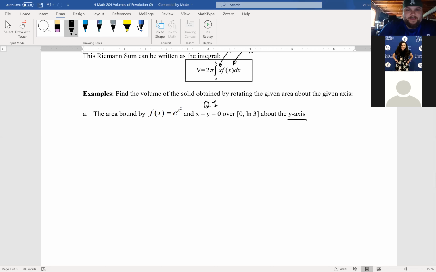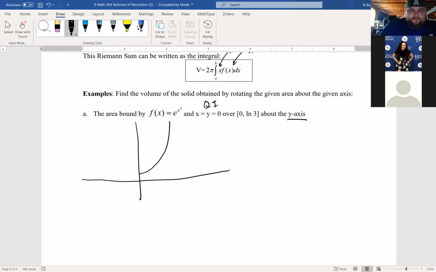So what does e to the x squared look like? Well, it looks like your typical exponential, but it's going to go up a little faster. And if we're going from 0 to log 3, this equation would typically go back here, but we're starting at 0, so we don't want any of that.